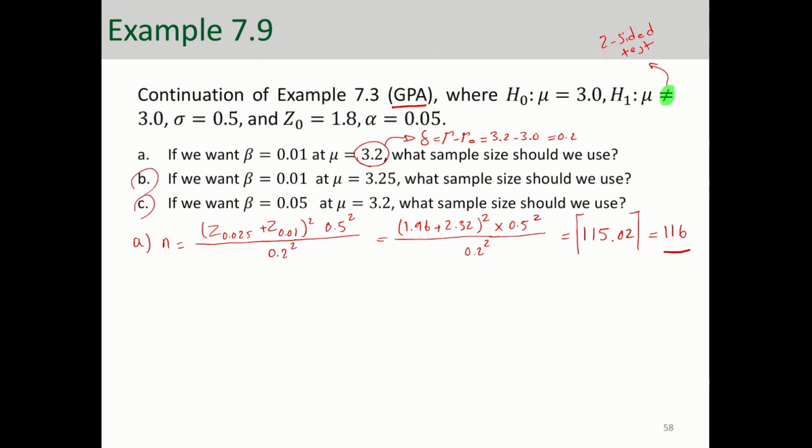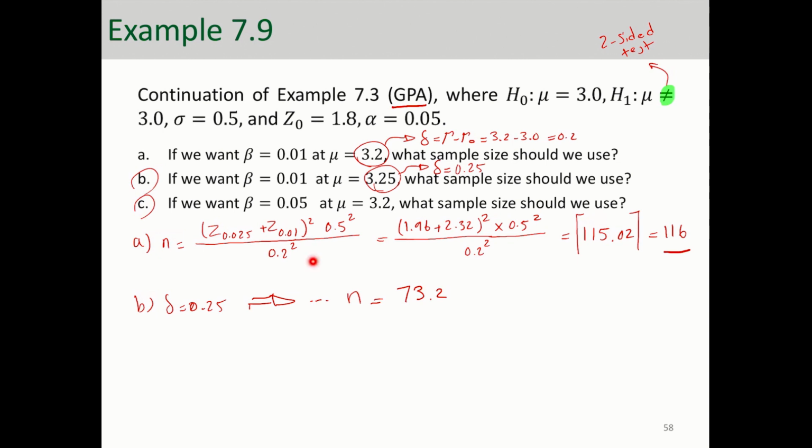Now for part B and C. Part B says if beta is the same and mu is different, now 3.25, what sample size should be used? So essentially, in this case, you're going to have a different delta, and that is 0.25. If your delta is now 0.25, and you follow the same calculations that we did for part A, n would be 73.2.